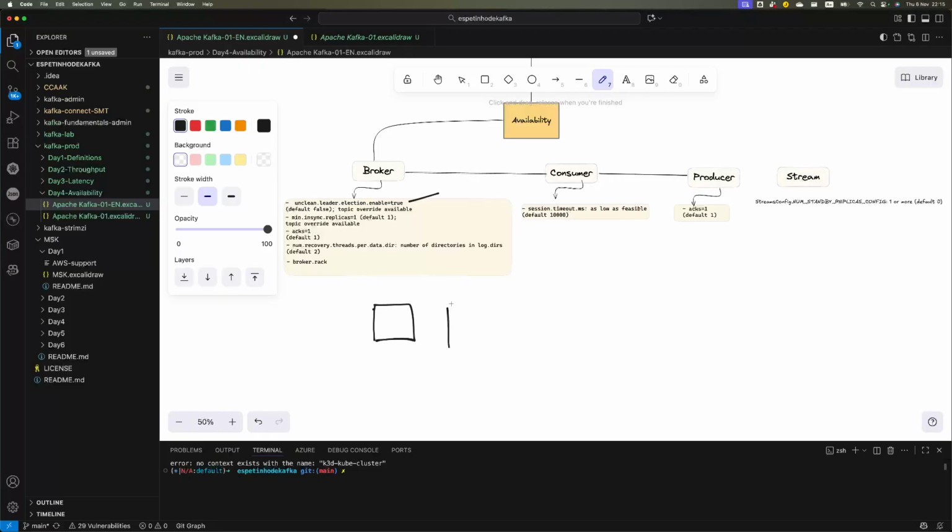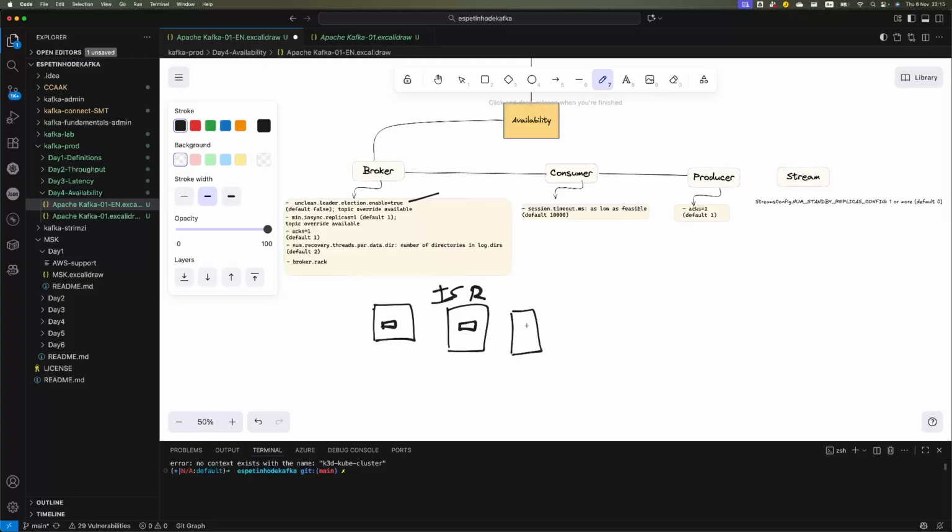Okay, so we have three brokers here, and for the brokers you have the in-sync replicas, the ISR. Kafka will do something when you configure unclean leader election. This makes leader election happen more quickly, which increases the overall availability, which means Kafka does not wait, for example, for the partition.